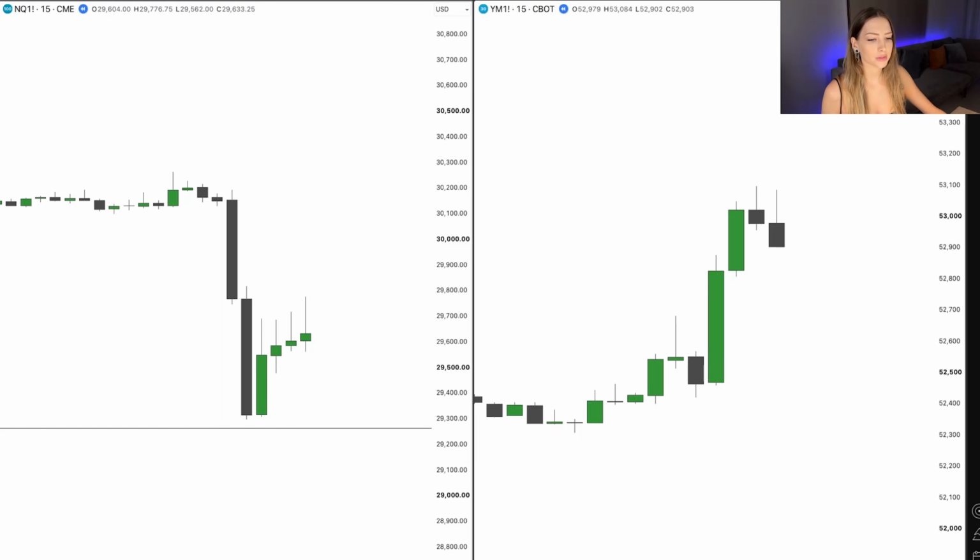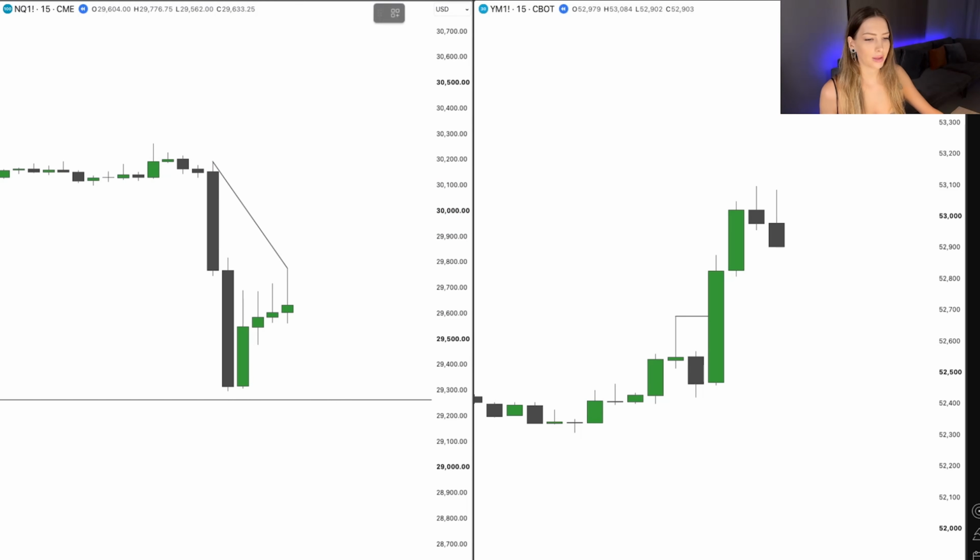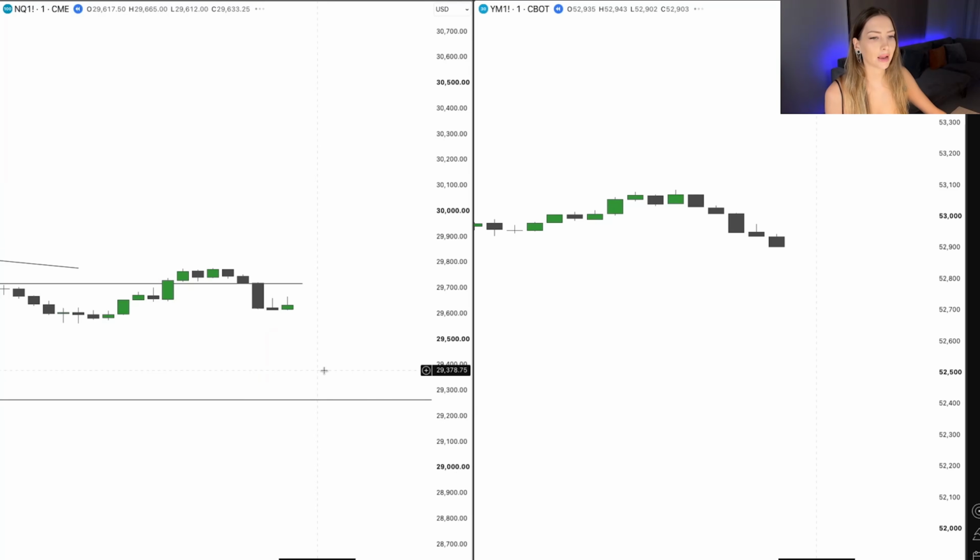Why? Because we have this high on NQ, it hasn't been taken, and the same high on YM, it has been taken. So this is my SMT divergence. What do I also see here? I have a swing formation. So at this point, I can try to find an entry on the third candle and trade the expansion of the third candle. Let's go to the aligned time frame.